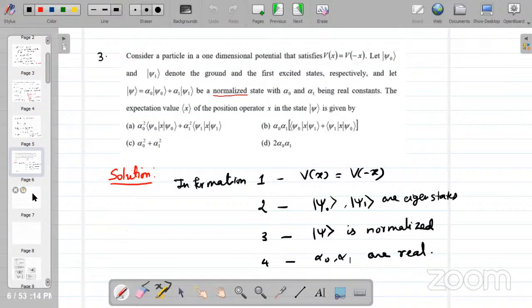And what is the consequence of information 1 for the state? We have a potential energy V of x equal to V of minus x, so it's an even function, right?